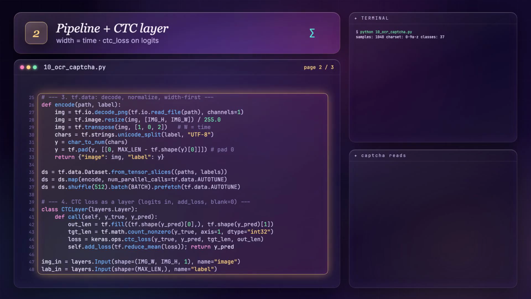And note, no softmax here because keras.ops.ctc_loss wants raw logits and does the log softmax itself. Then the Keras 3 idiom: I wrap keras.ops.ctc_loss in a small layer that adds the CTC loss during training with add_loss. So the model takes two inputs, image and label, but predicts characters at inference.